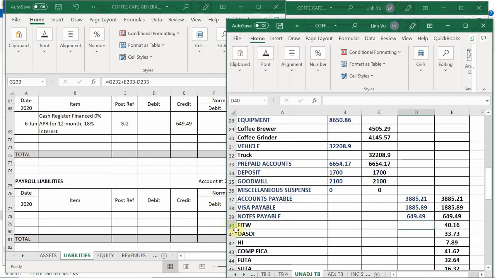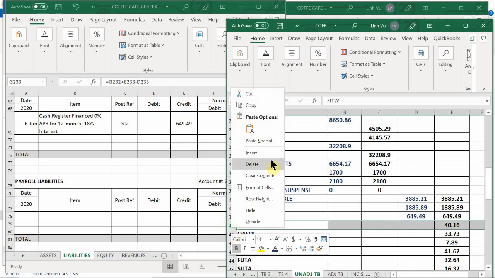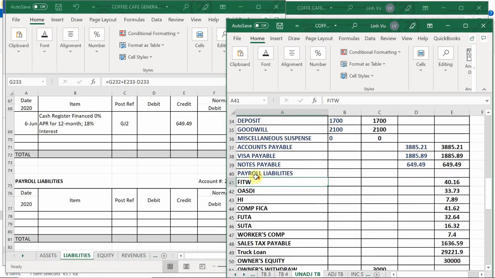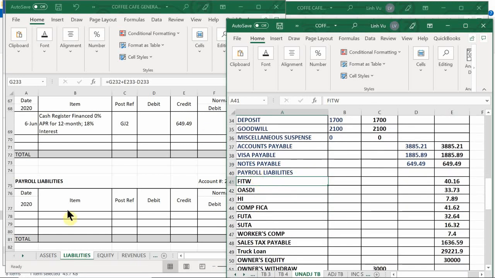Okay, so therefore I need to insert payroll liabilities. You have a lot of accounts. Yes, there's a lot of accounts under payroll liabilities, right?